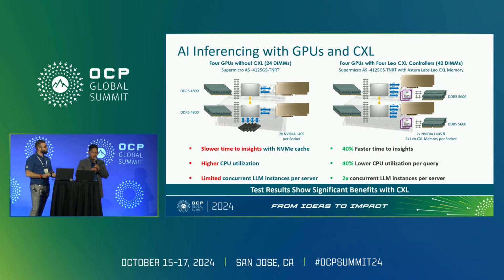What we actually tested is only one socket and 2 L40S GPUs. For a baseline, we didn't include the CXL devices. We just wanted to see what would happen with NVMe cache and 2 NVIDIA L40S GPUs. What we saw was a slower time to insight due to the NVMe cache, high CPU utilization, and therefore very limited concurrent LLM instances per server.